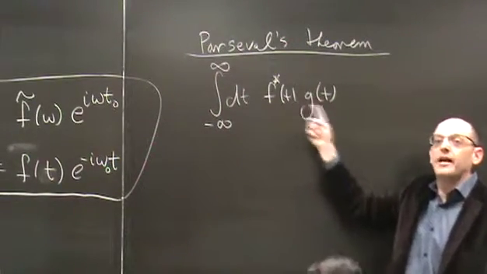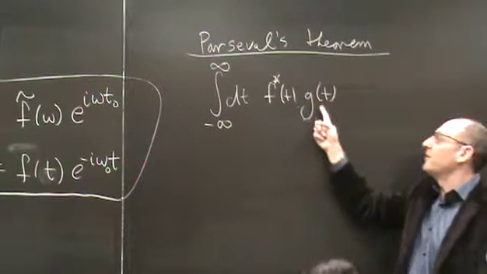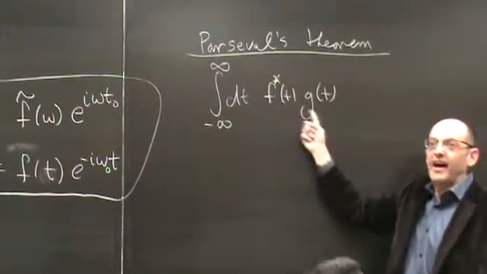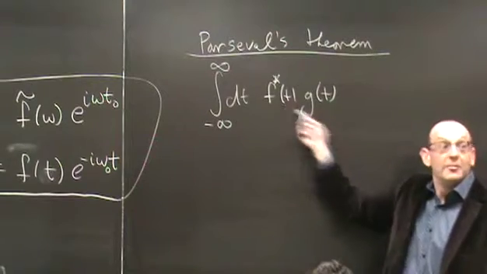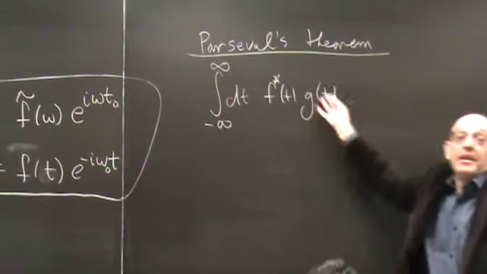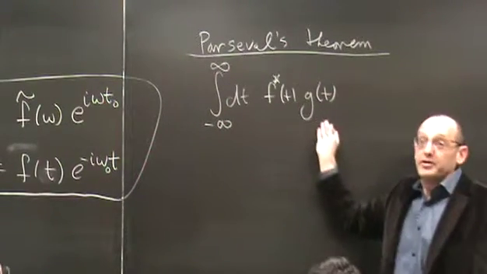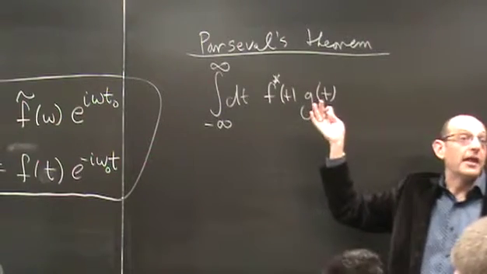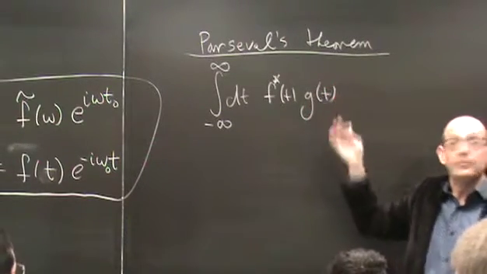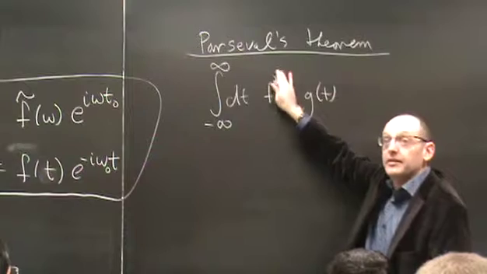We thought about this in quantum mechanical terms, thought about this as a psi and a phi. This is like the inner product between the two wave functions. Here I'm allowing more generally f and g to be complex signals. They could be real.